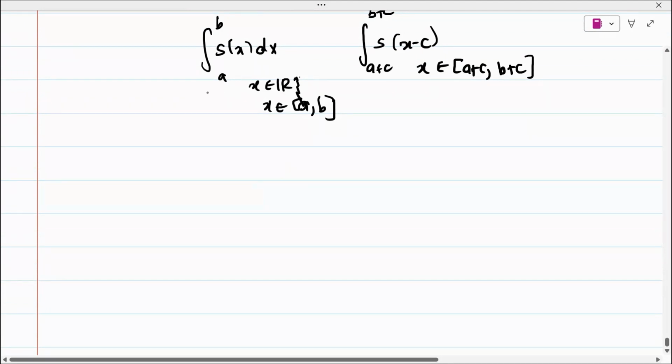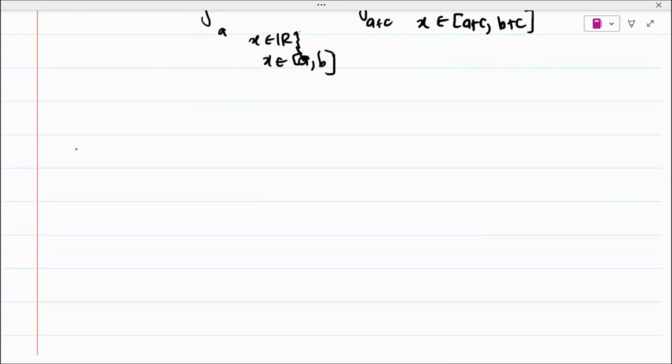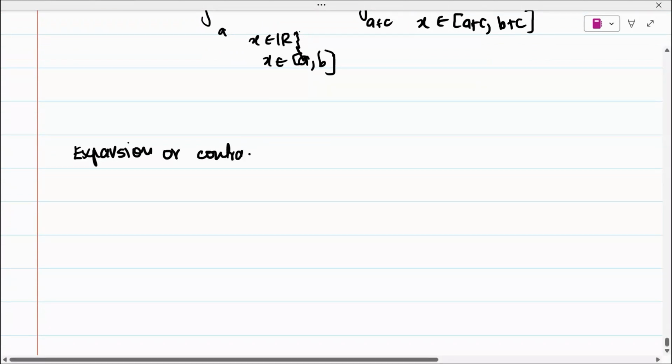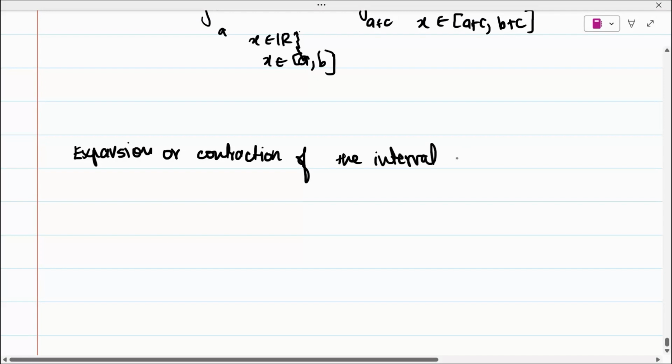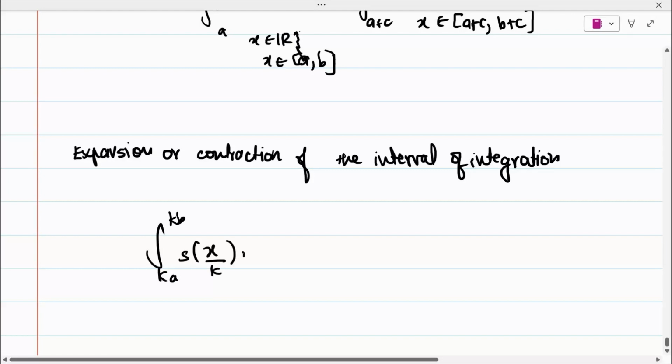And then you have the expansion or contraction of the interval of integration property. So this basically says we have limits ka to kb of integration.